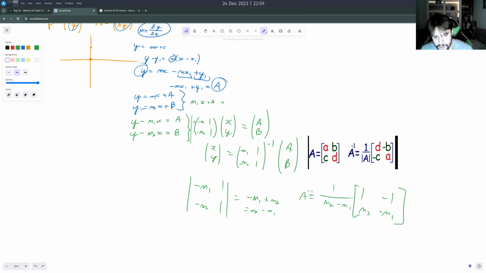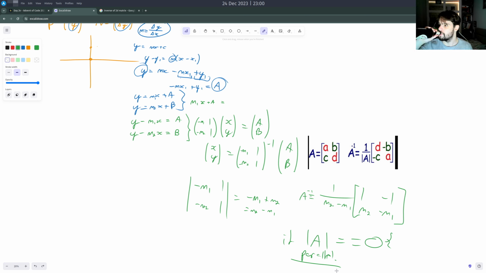Actually, it will have a solution unless they are equal, so we need to check this. If the determinant is equal to 0, then the lines are parallel, so they will not intersect. That's the only check we need to make. Seems pretty nice actually.